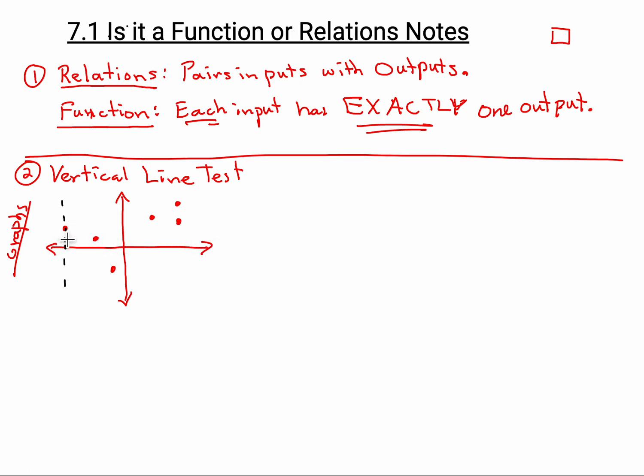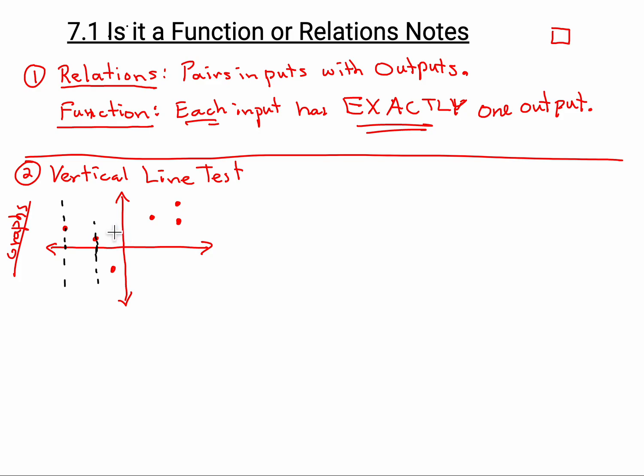So right now I can think of it as, yes, it is possibly a function because that input had exactly one output. So now I'm going to go over here and look over to my next point and go, hey, this point right here, this input had exactly one output.